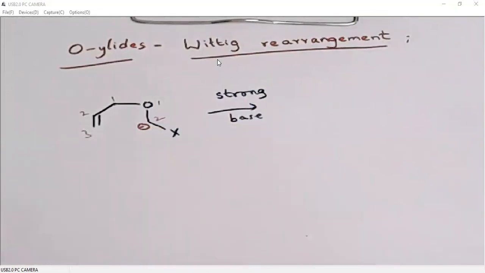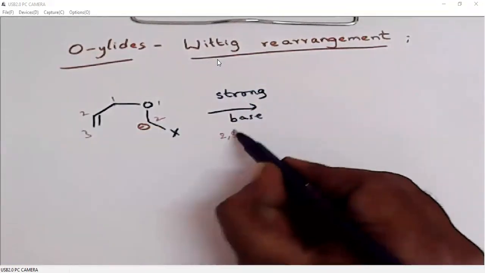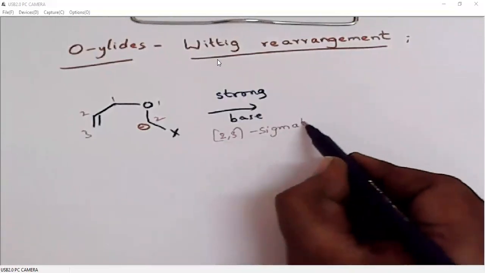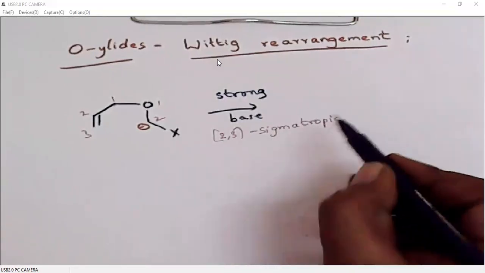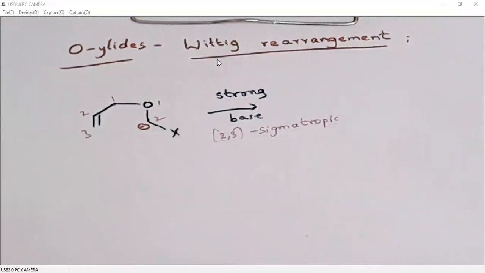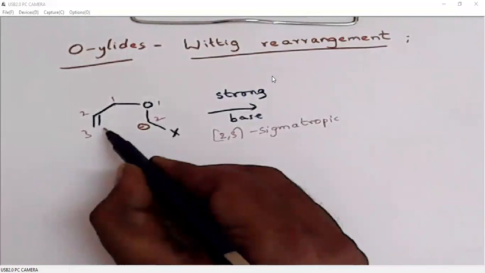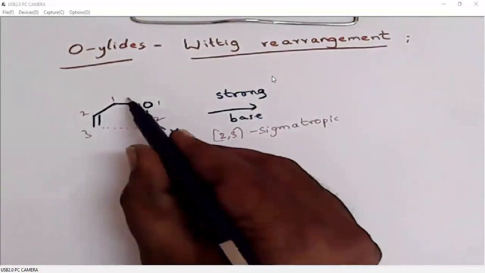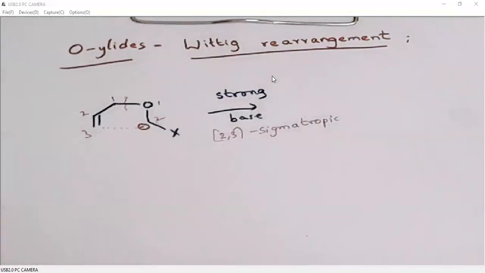Then it undergoes 2,3 sigmatropic rearrangement. There will be a bond formation between the 2, 3 positions. There will be a bond breaking between the 1, 1 positions.